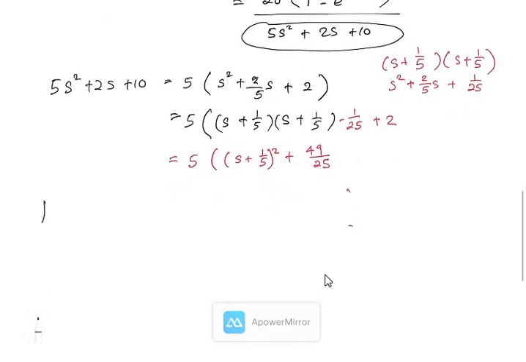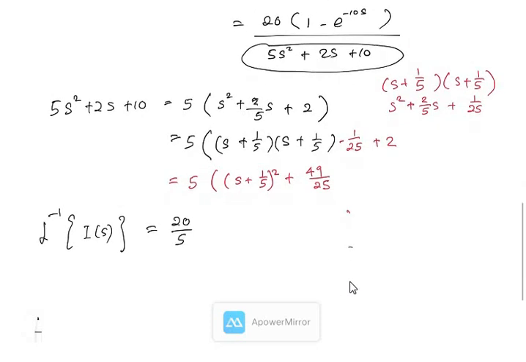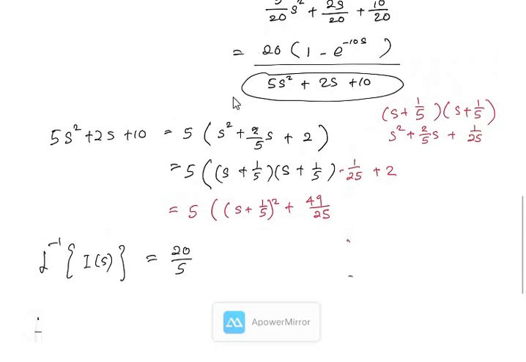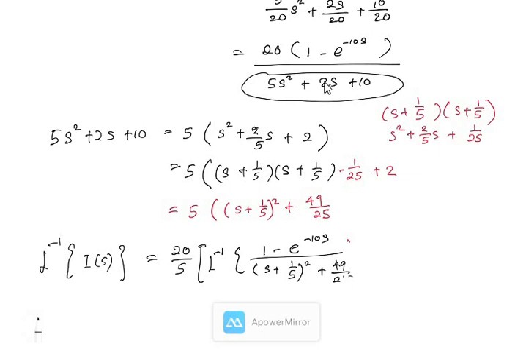Therefore, we get 20 over 5 times the inverse Laplace transform of (1 minus e^(-10s)) divided by (s plus 1 over 5) squared plus 49 over 25.